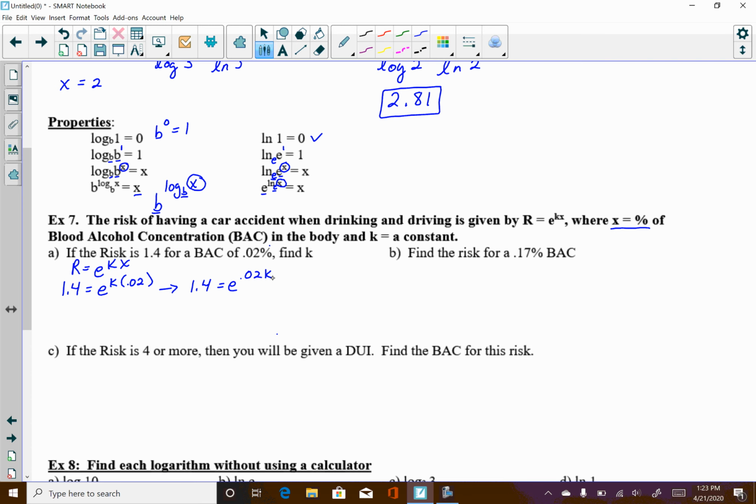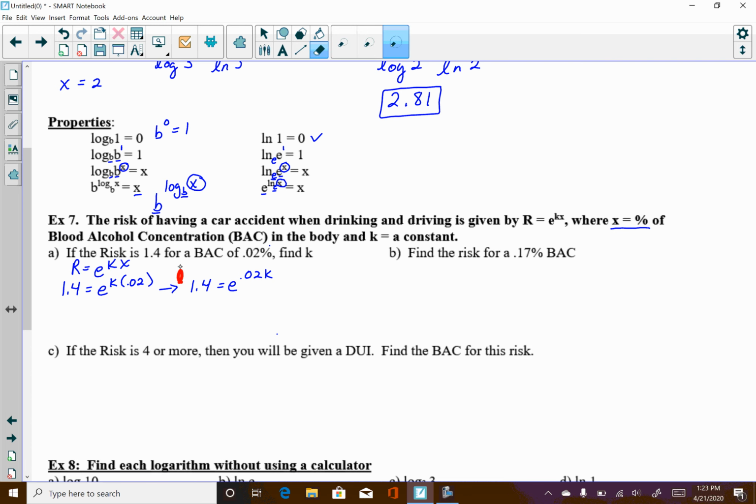Now our goal is to solve for k. So we think, how can I get k out of the exponent? Since e is raised to that power, is it better to take the log or the natural log? Hopefully you would agree that I should take the natural log of both sides.